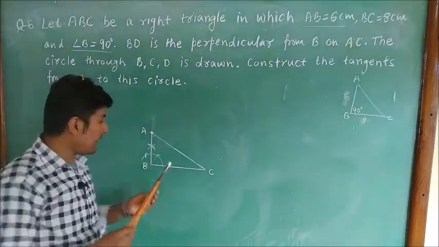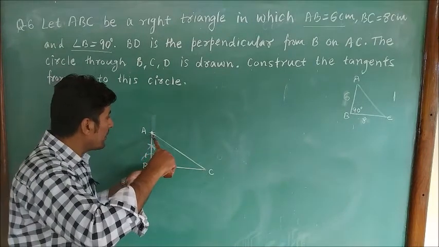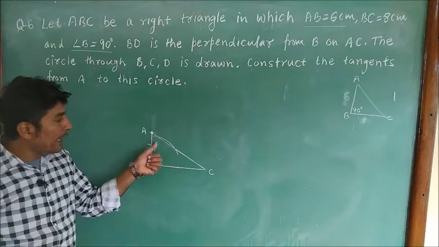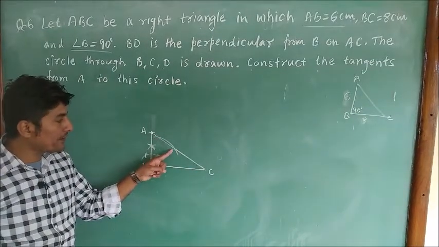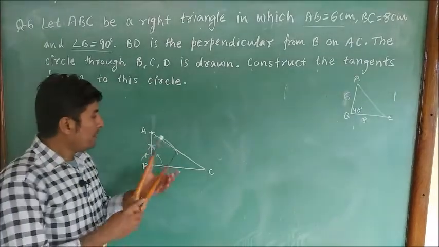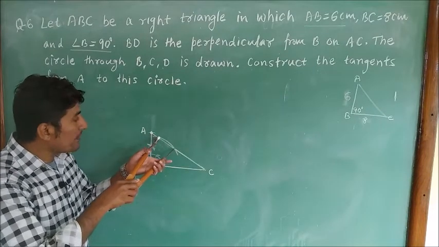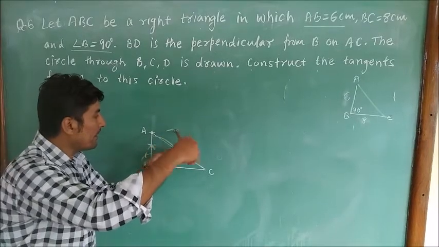Suppose I have taken this arc. Now from point B I am making the arc. Let us see, it is intersecting AC at two distinct points. This is the first point of intersection, this is the second point of intersection. Now, we have to take more than half of this arc, and from this point we will make another arc.